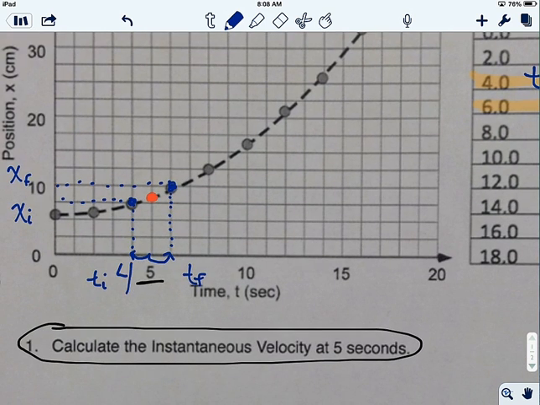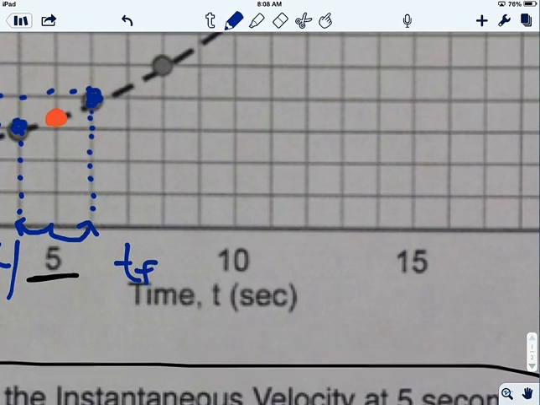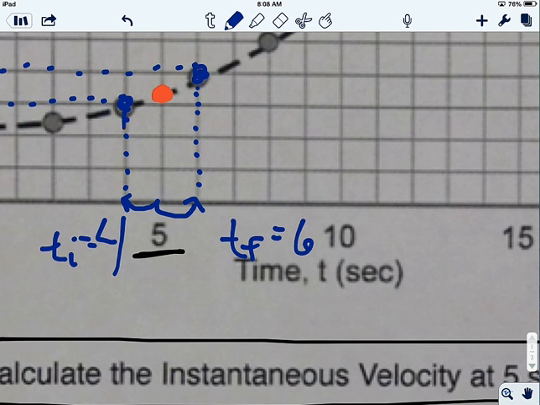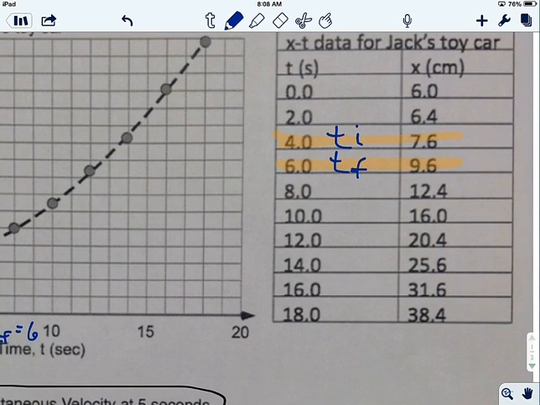That looks like 4 seconds right there. And then my final time, Tf, is going to be 6 seconds. And that makes sense, right? So 4 and 6. That looks about right. We're going 1 step up from 5 and 1 step down from 5, which is good.